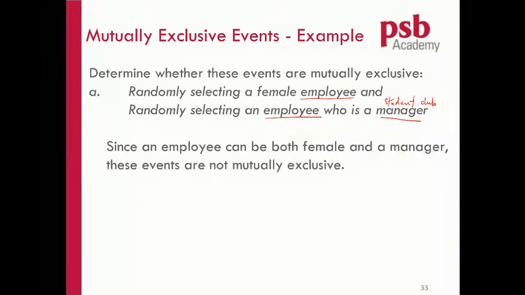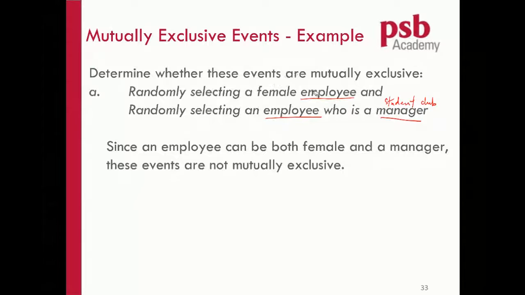I repeat the question. Someone comes to our room, says, I want to find a female student. Then another person comes in the room, 2 different persons now. Then the second person says, I'm going to find a student in the student club.